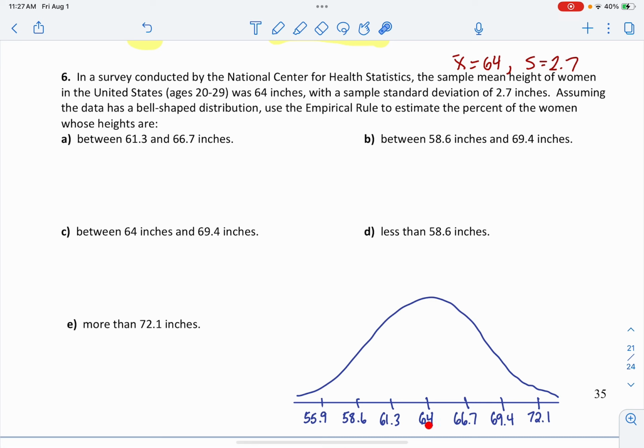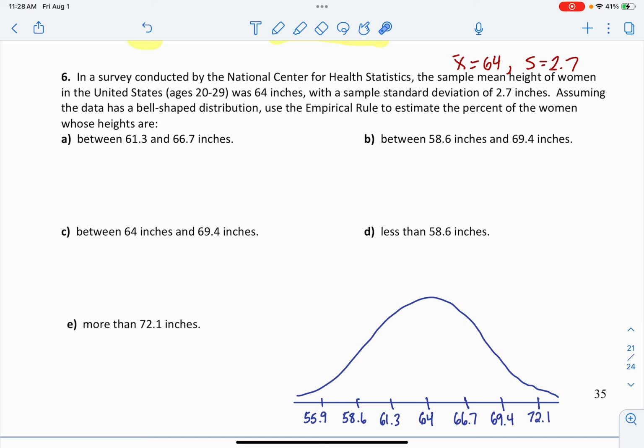And then if I add 1 standard deviation, add 2.7, I get 66.7. Add 2.7 again, I get 69.4. Add 2.7 again, 72.1. That's 3 standard deviations added. So the other way, if I start at 64, subtract 2.7 once, I get that. Subtract it again, so subtracting 2.7 twice, I get that. Subtracting 2.7 3 times, I get that. Okay? So that's all set up pretty nicely.